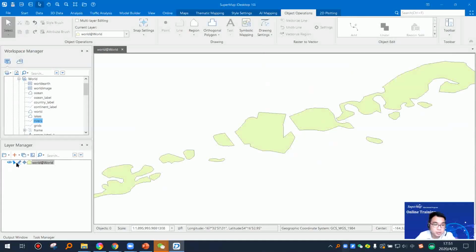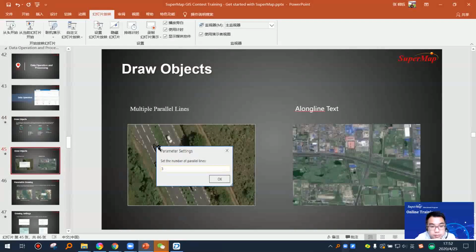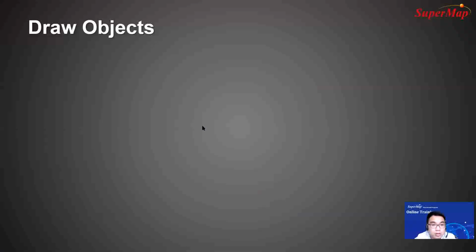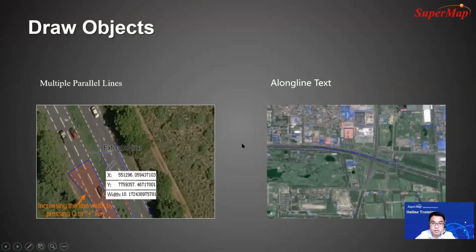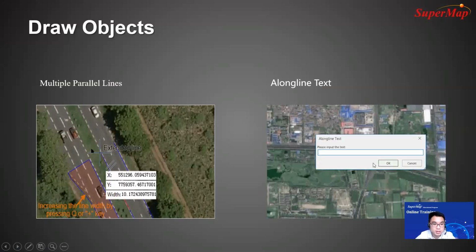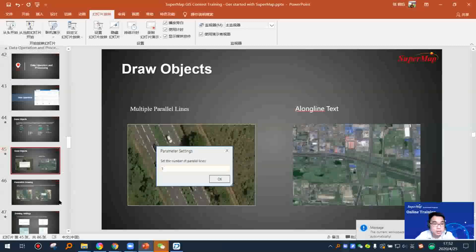Yeah, this is for object editing. Also, when you draw the lines for a road in a real project, we can draw two lines together like this.